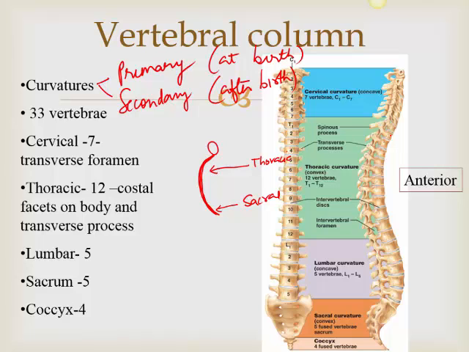So here is thoracic and here is sacral. So the sacral and the thoracic, notice how there is a concavity which is anterior. So the concavity is facing anterior. So this concavity is towards the front. So this is a primary curvature.